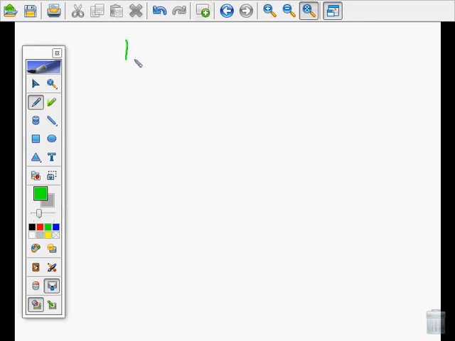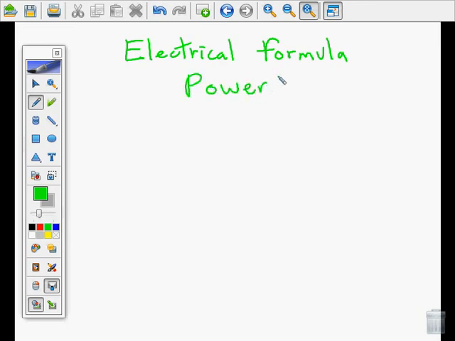So, the electrical formula for calculating power. Watch as I razzle-dazzle you with my derivation. Power is equal to work divided by time. But we know that voltage is equal to work done per charge.